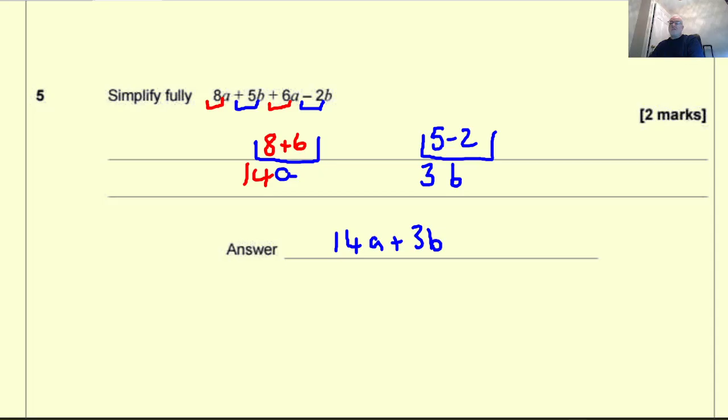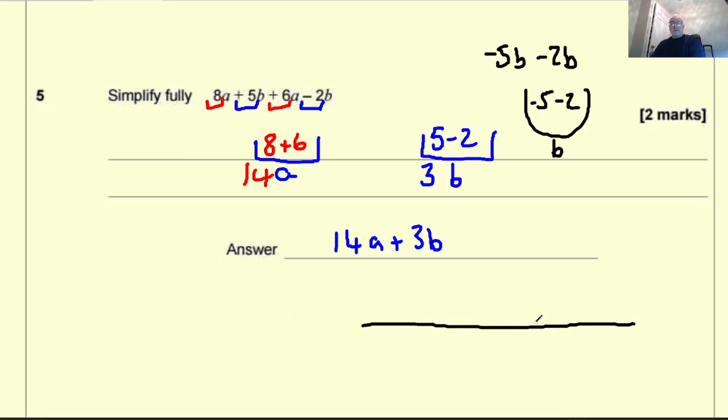One thing just to notice on this one is if it was minus 5B minus 2B, again it's very easy to put that in there as minus 5 minus 2 and think, well, 5 take away 2 is 3 and the minus sign means it's minus 3B. Just to save you making that mistake, a really easy way of doing it is to say, well, here's my 0.